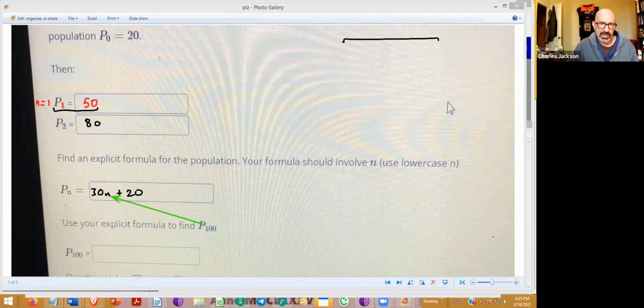So this is going to be 30 times 100 plus 20, which is 3,000 plus 20. So P sub 100 equals 3,020.